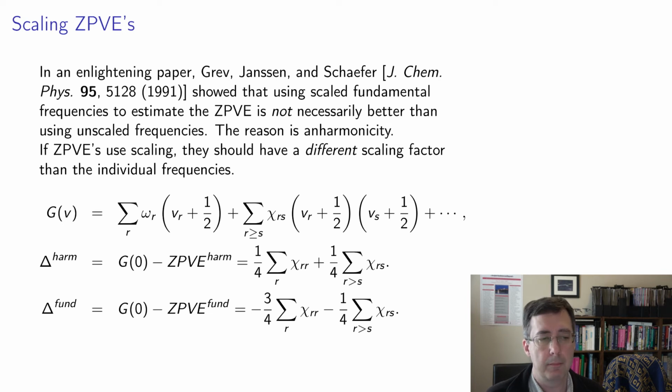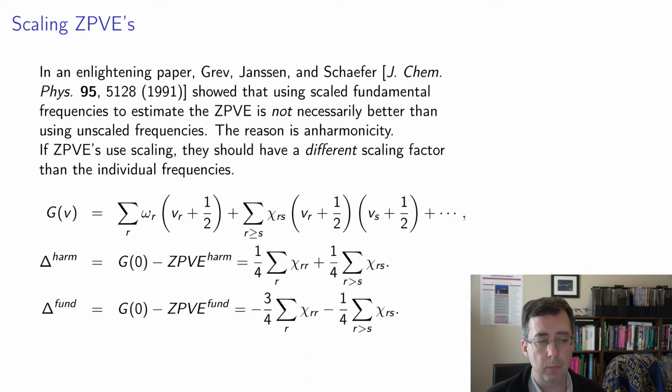It says, suppose I am interested in the zero-point energy, where all the vibrational quanta V are all zero. So I could compute G0, and I'll have a harmonic piece, which is 1/2 times the sum of all the vibrational energies, omega sub r. And I can get that with a harmonic oscillator. But then there will also be this anharmonic correction, these chi terms.